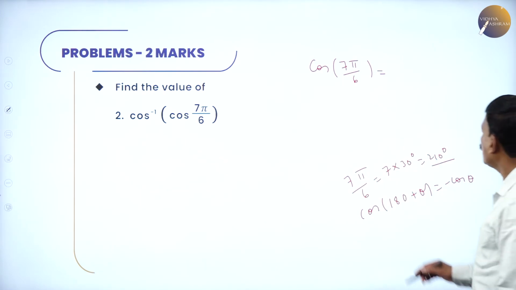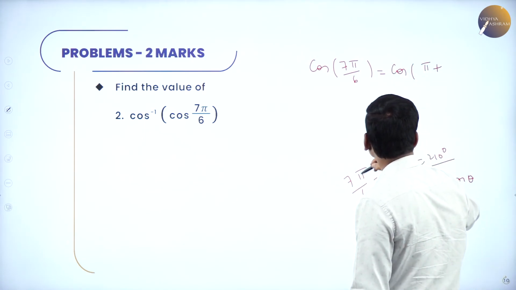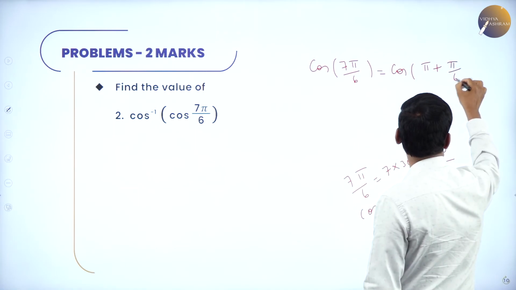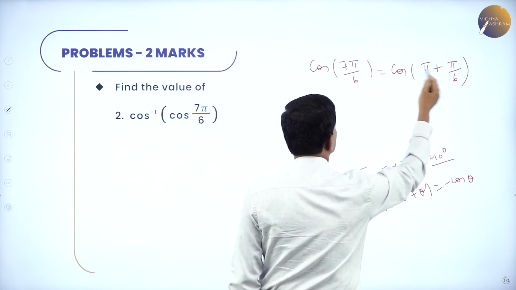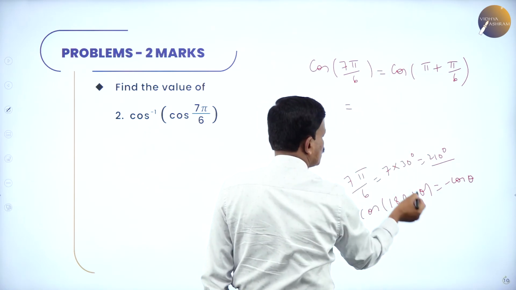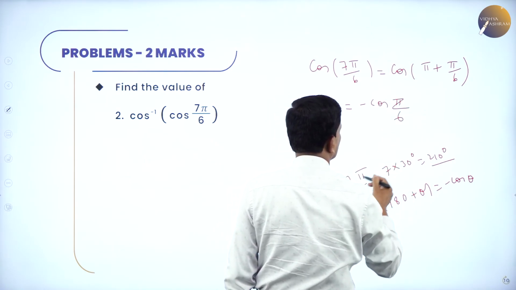You can use this. Now this can be written as cos of pi plus theta, where theta is pi by 6. If you simplify, 6 pi plus pi is 7 pi by 6. What is cos of 180 plus theta? Minus cos theta. This is minus cos pi by 6.